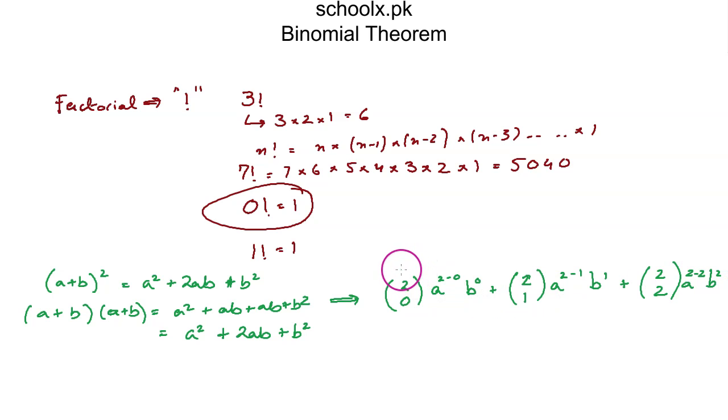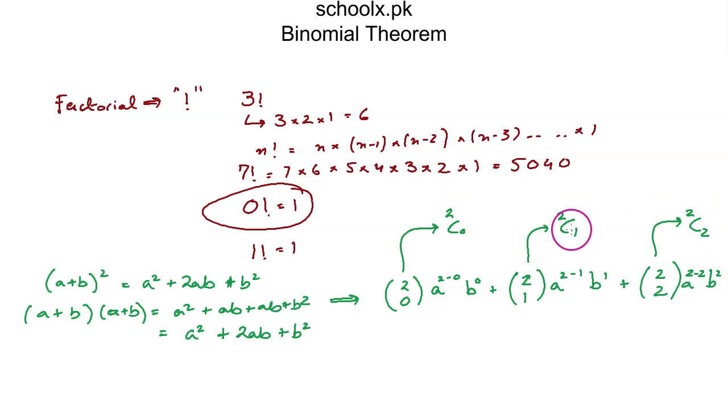So this 2 0, 2 1, 2 2 stands for 2C0, 2C1, 2C2. Now this basically means the combination of 0 elements from 2 elements, combination of 1 element from 2 elements, combination of 2 elements from 2 elements.